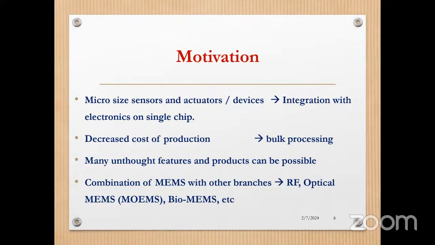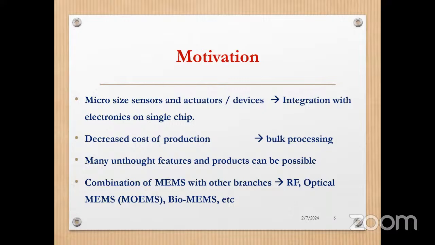This is the greatest challenge we face while miniaturizing. So everything on a single chip, with a single material. This is the biggest challenge faced while these MEMS devices are fabricated.